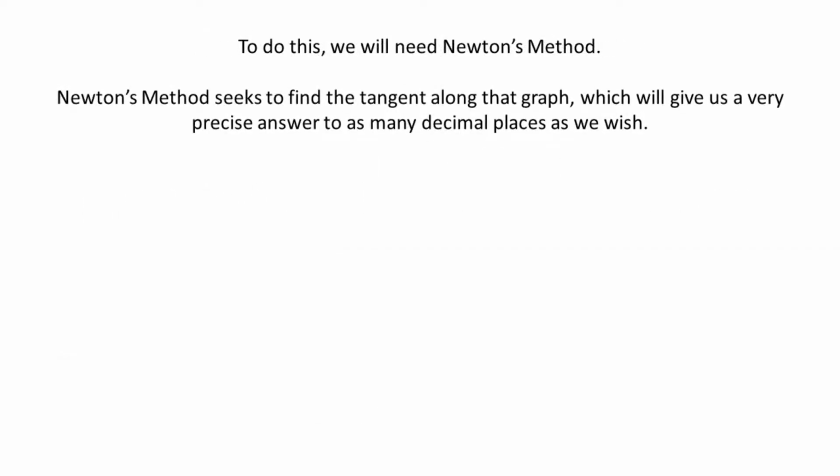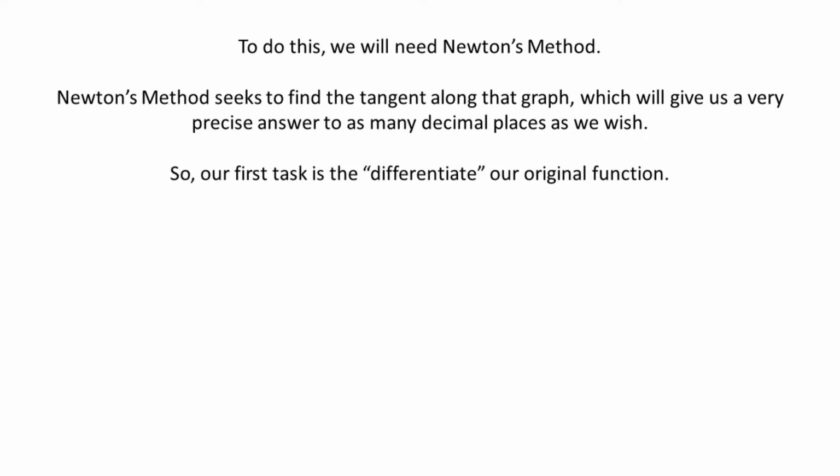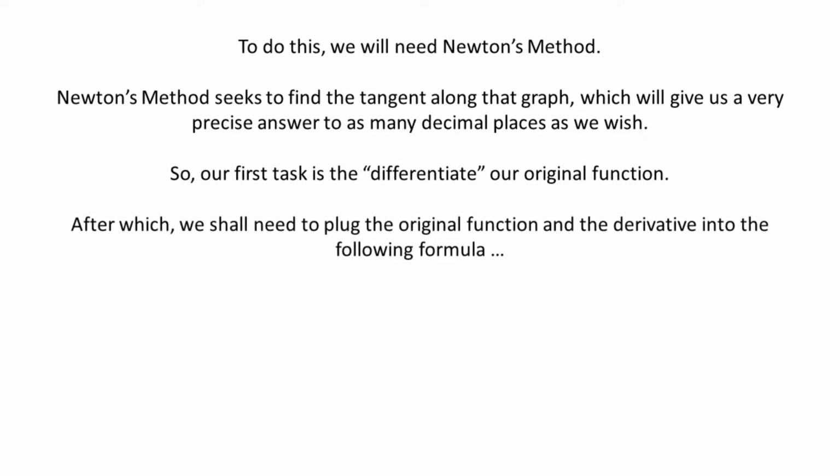Newton's method seeks to find the tangent along that graph, which will give us a very precise answer to as many decimal places as we wish. So our first task is to differentiate our original function, after which we'll need to plug the original function and the derivative into the following formula.